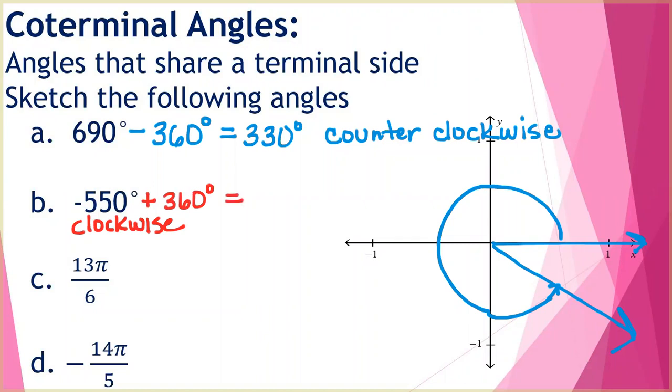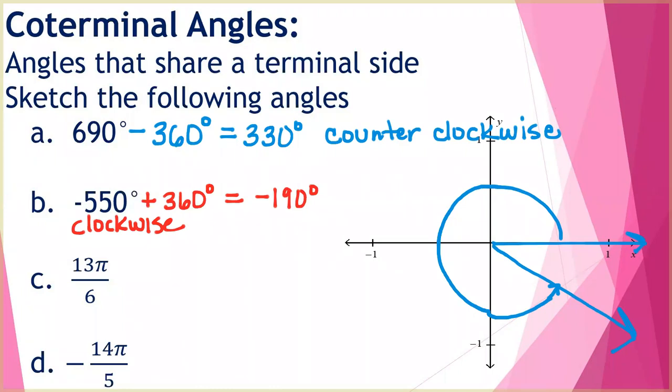So go ahead in your calculators. Take -550 plus 360, and you get -190 degrees. A -190 degree angle is coterminal with a -550. So the terminal side is in the exact same place.